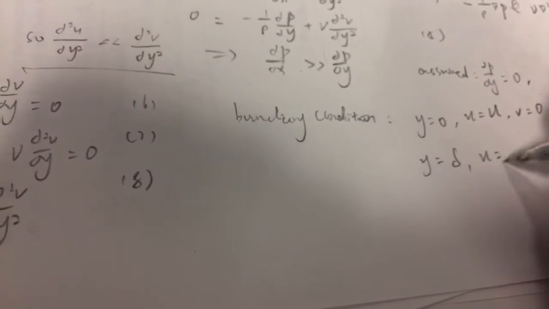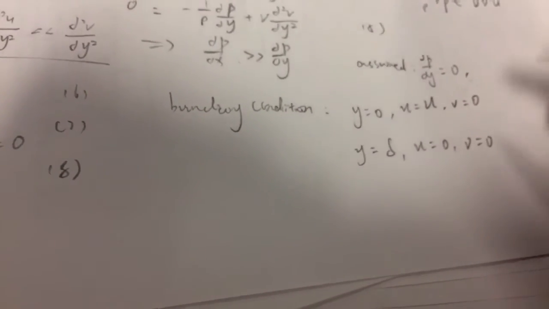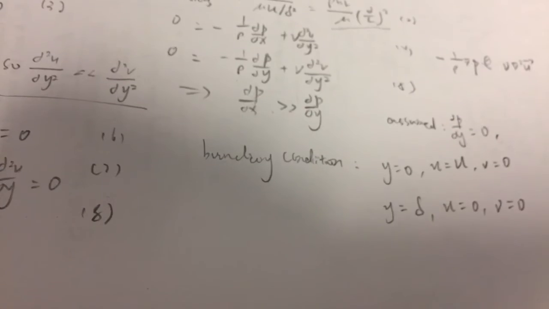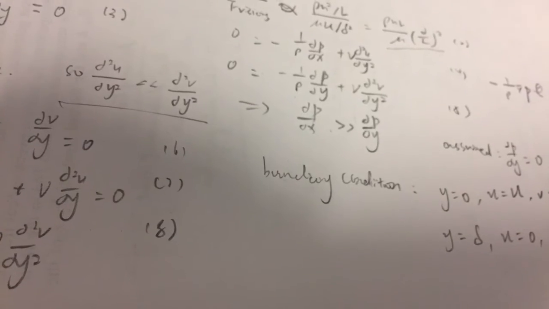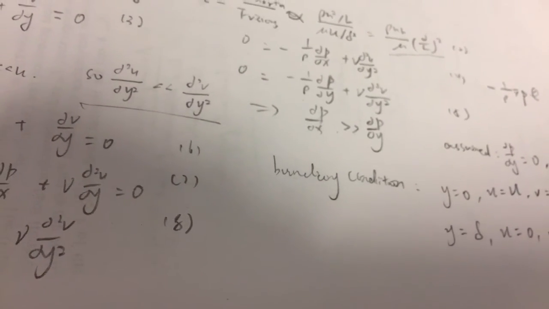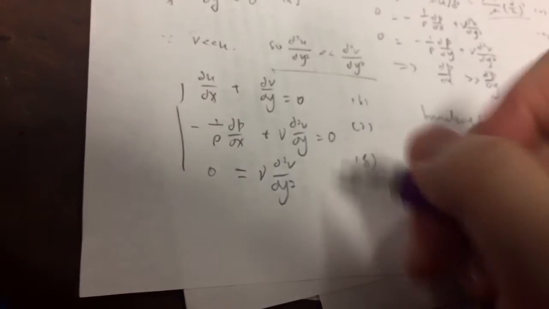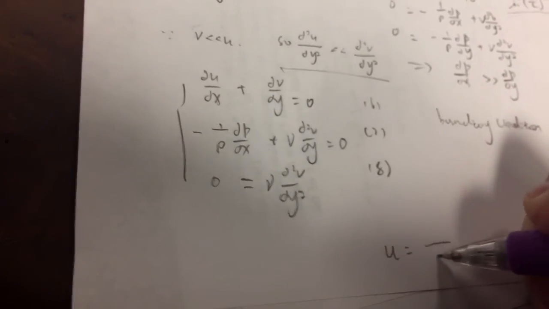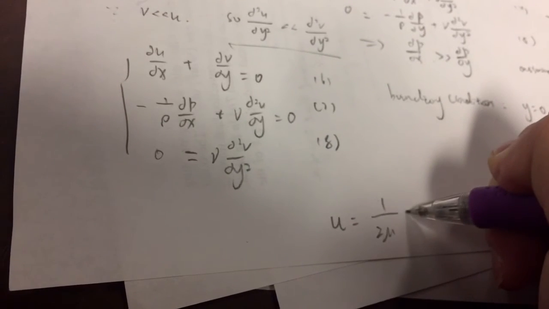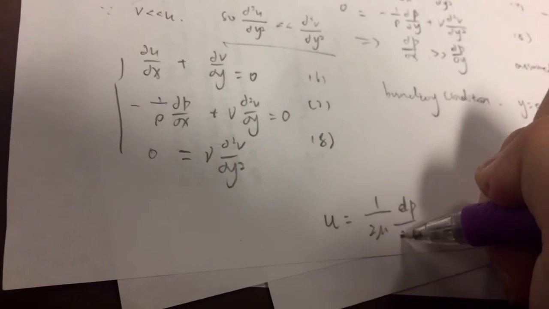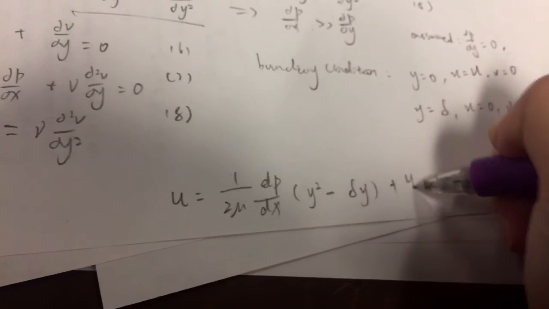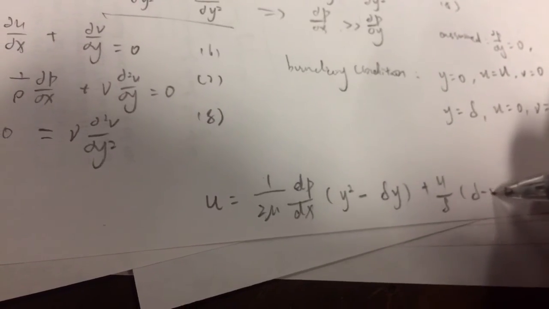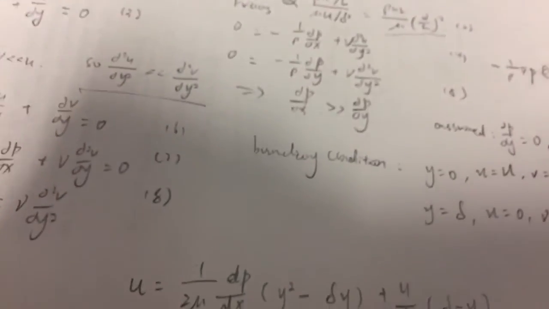When y equals delta, u equals 0, and v equals 0. Finally, through the integration and deductions, we can get the velocity u in the x direction. The final one would be u equals this. Alright, so this is our final result. So thank you.